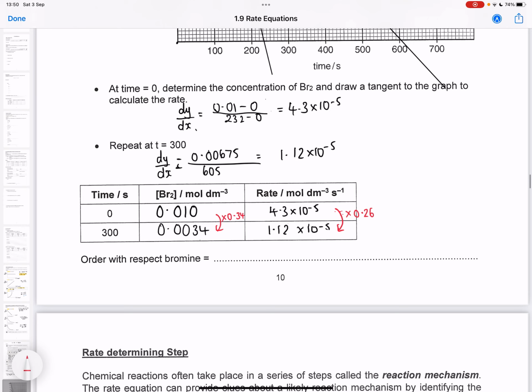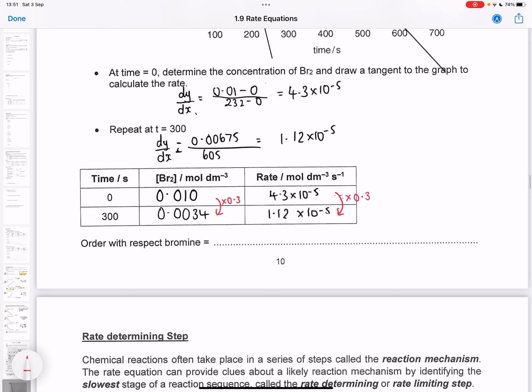So if we think about these two numbers, it's 0.34 and 0.26, and because it's an experiment and we can't rely on them that well, we think, well, actually, if I give them to one significant figure, 0.34 is 0.3, and 0.26 rounded to one significant figure is also 0.3, and so we'd say that when our concentration of bromine is increased by 0.3, our rate is increased by 0.3, so our power must be a 1.